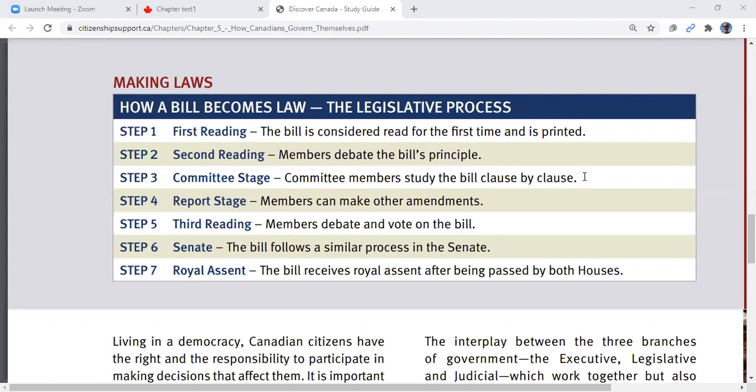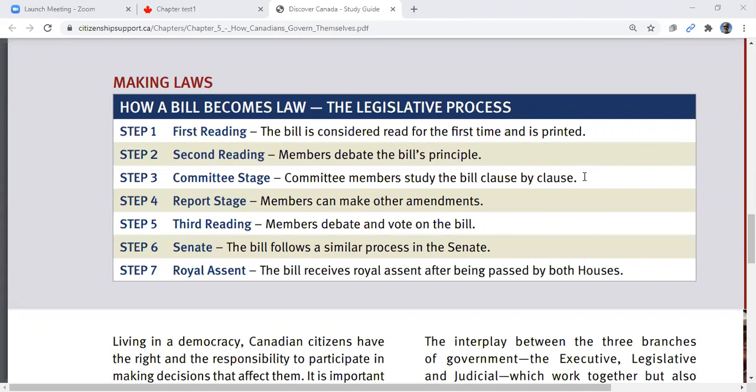And then number 4, they take the report after the committee looks at it. They go back and then the House of Commons people and the committee can make any changes. It says make other amendments. Amendment means a change, to change something. And that's step 4. So they can make changes. And then the third reading is the members debate again.